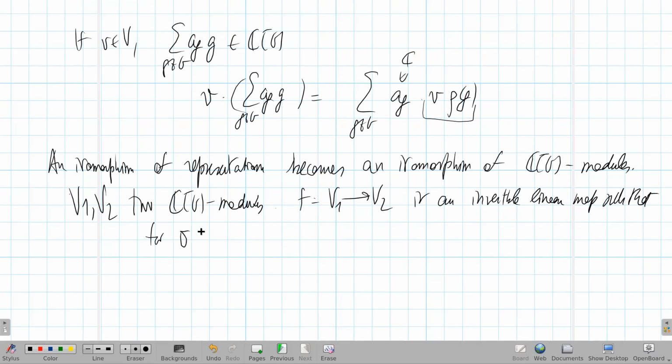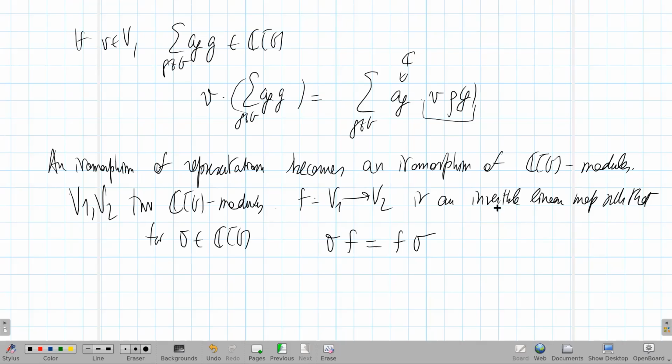for sigma in CG, you have sigma F equal F sigma. So this time, if you compare with the previous definition, previously I had rho 1 of g and rho 2 of g, but in the language of CG modules, this is implicit. When I'm acting on V1, I'm using rho 1. When I'm acting on V2, I'm using rho 2.